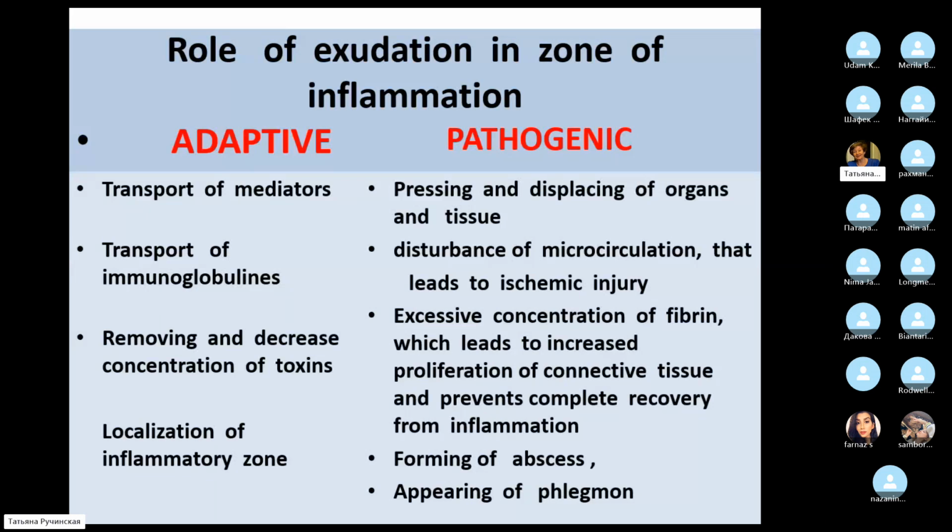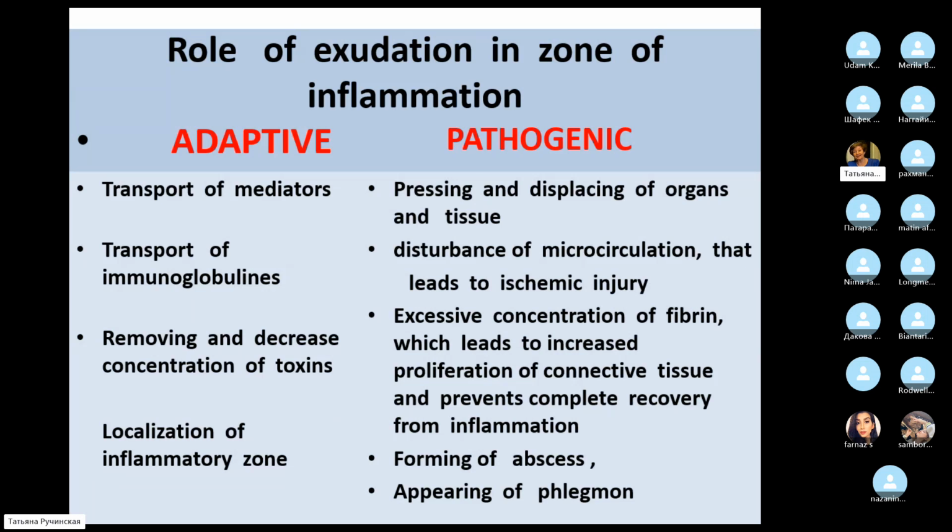It doesn't permit toxic proteins which appear in injured cells to be released into the bloodstream of the whole organism and spread all over the organism. It is the adaptive effect of exudates.